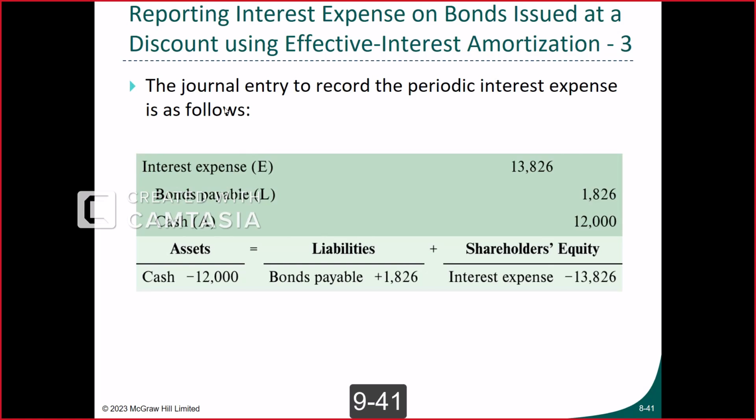The interest expense should be calculated based on the substance, the economic reality. The economic reality is the reality given by the market. The amount of interest expense is not $12,000, the cash amount you paid. It should be calculated using the market rate multiplied by the carrying value of the bonds.